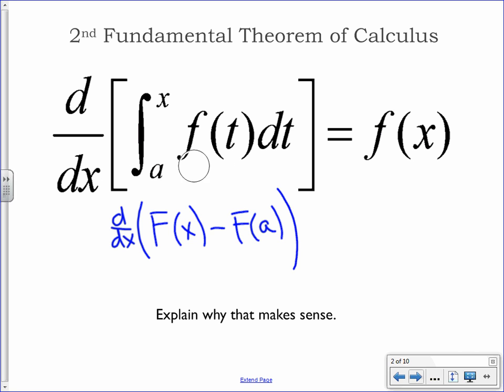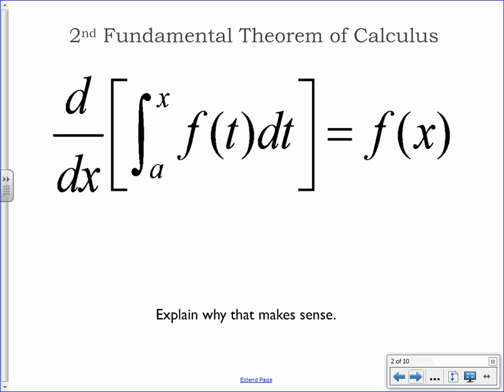Okay, so you're not going to see the x here. You're going to see the x here because we're plugging that in and then taking the derivative of it. Okay, so instead of having to take the antiderivative and then take the derivative of that, we just know that this is going to be the shortcut.